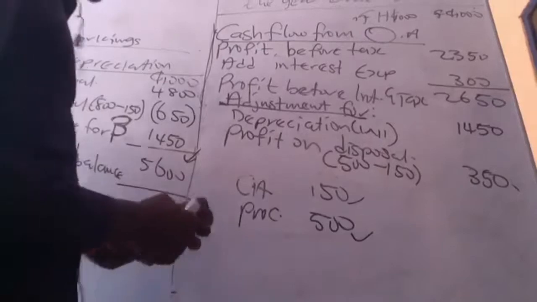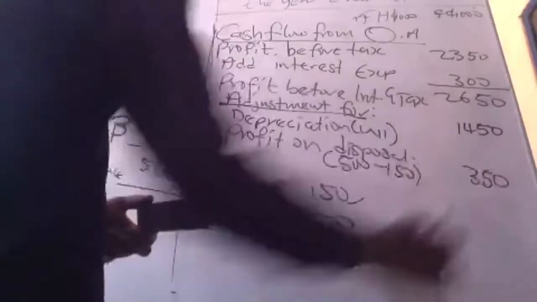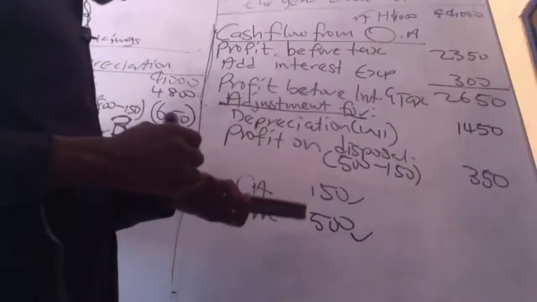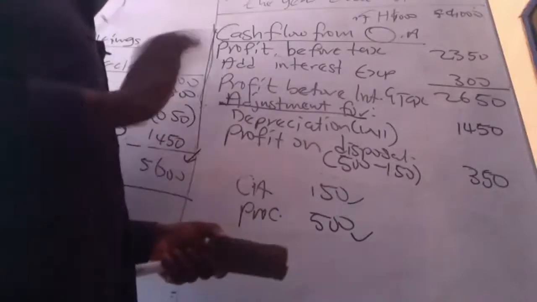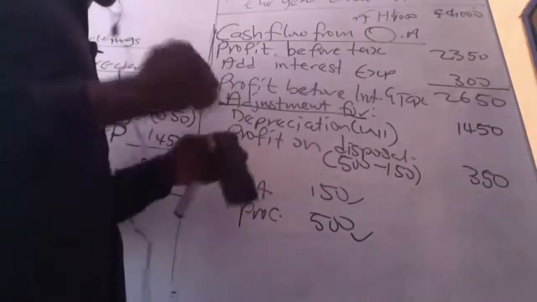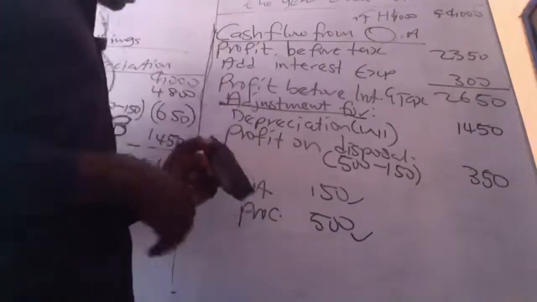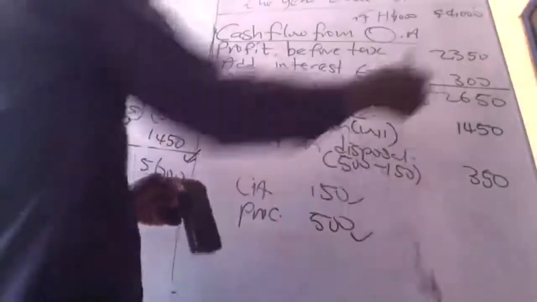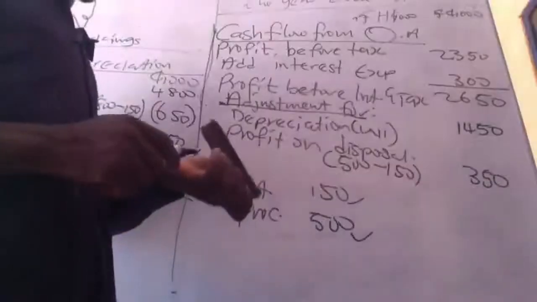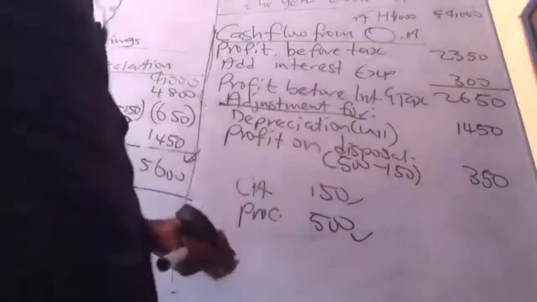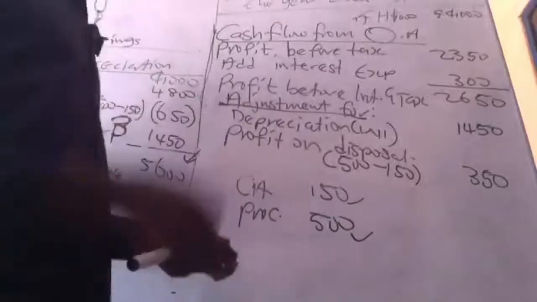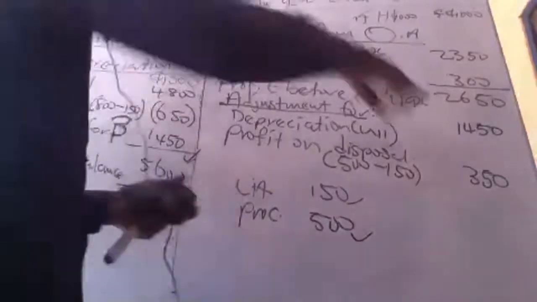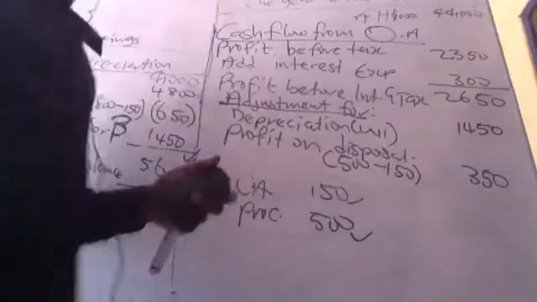Now, why are we reversing it? We are reversing it because profit on disposal is not an operating activity item. It's investing. Now the issue is, have they added this profit or subtracted it?